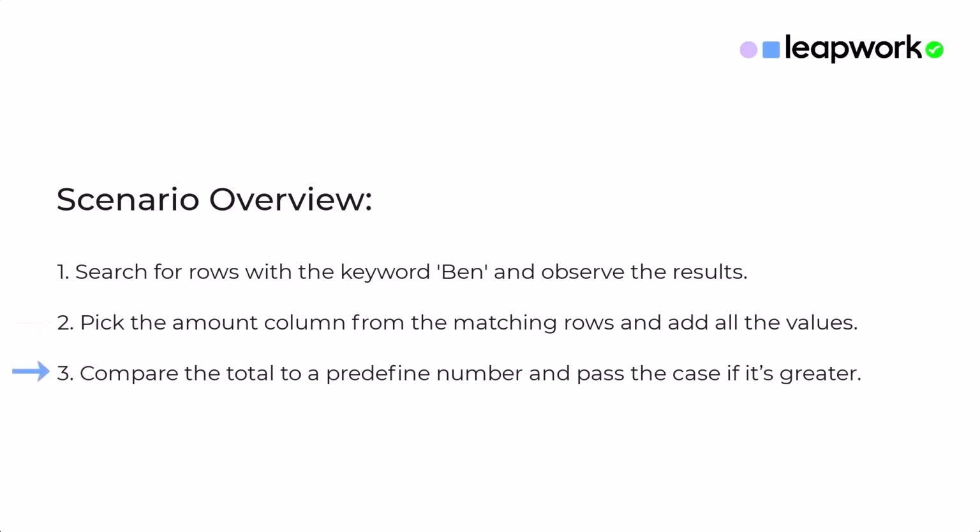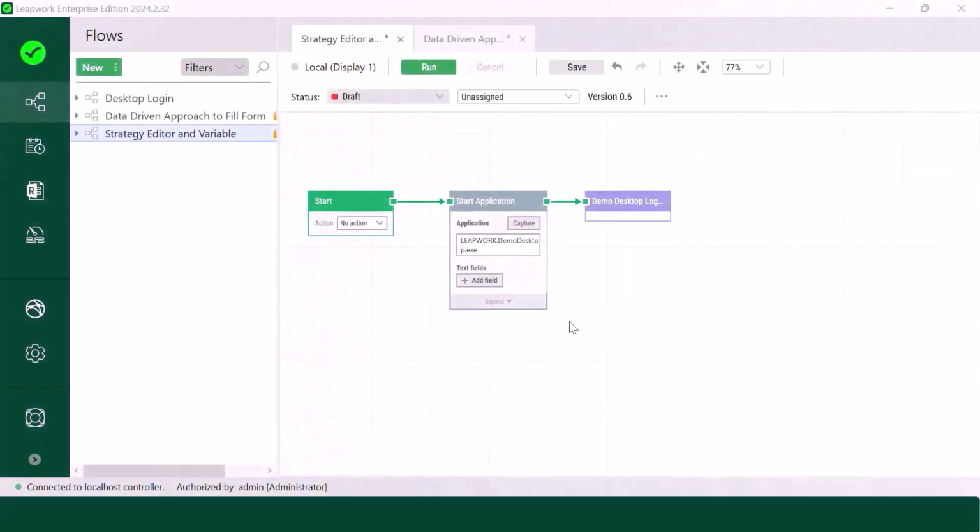After gathering the amounts, we'll sum up the values and compare the total to a predefined number that we'll set. This will include the use of set variables and the compare block. If the total amount is greater than the predefined number, we'll consider the case passed. This approach will demonstrate how to automate searching, processing, and validating data in the list of elements using Leapwork. Let's get started to create our automation flow.